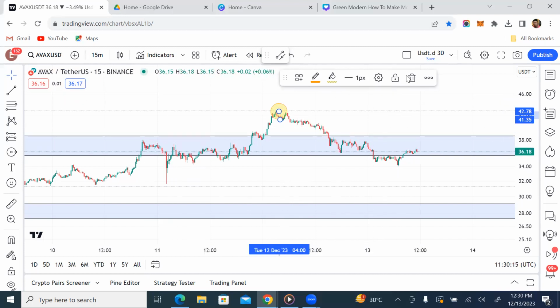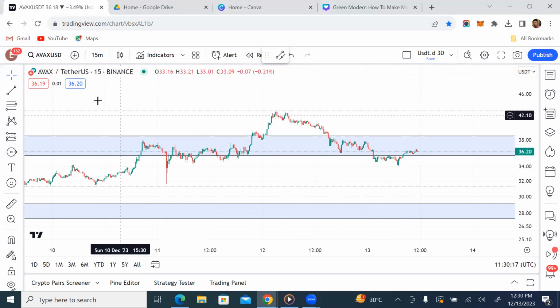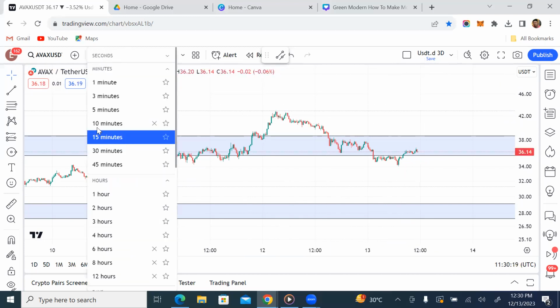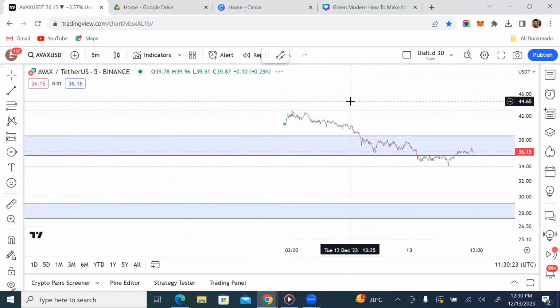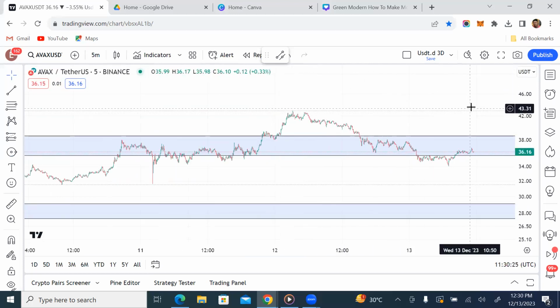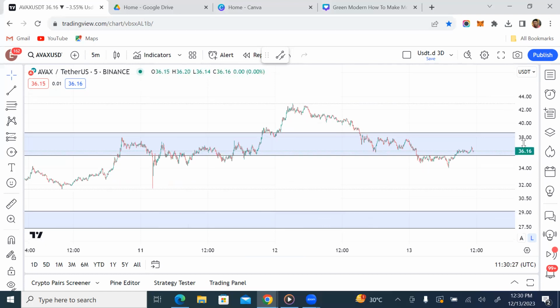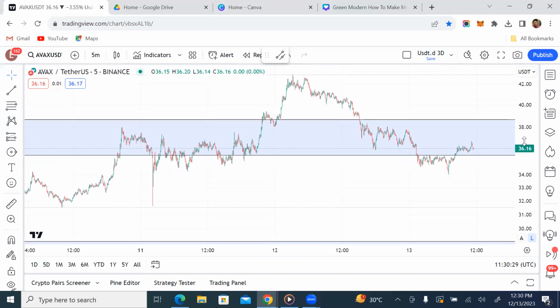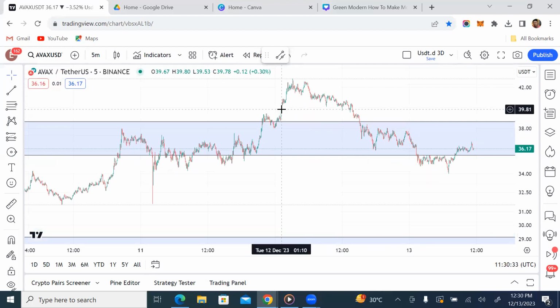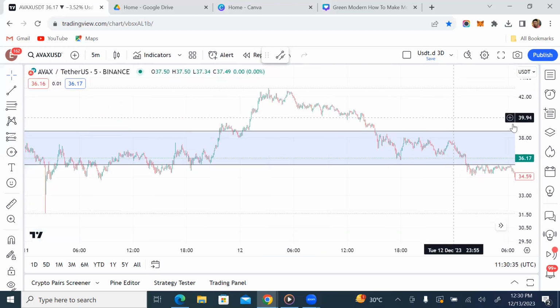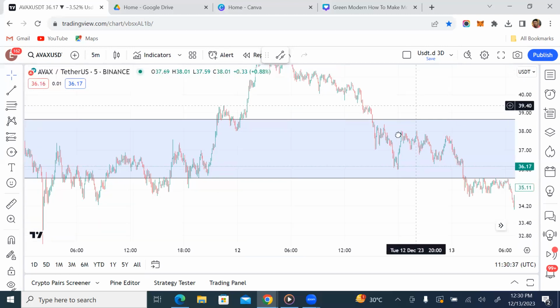Now, back to the 5 minute time frame. This is our execution. There's what we call a distribution model. Now, how does a distribution look like? I'm going to explain this.